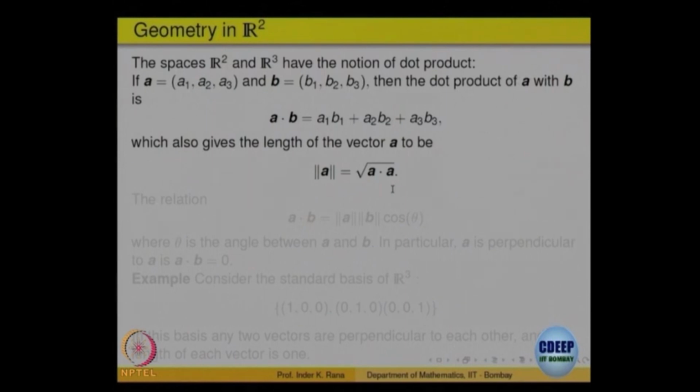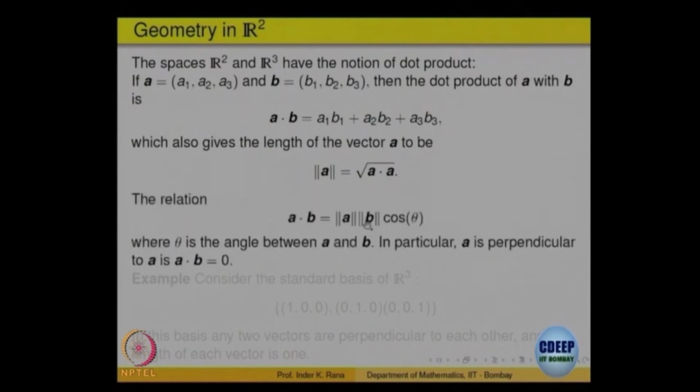That notion of distance: we define a dot b, a function from R3 cross R3, (a, b) goes to a dot b, to scalars, and the magnitude is defined in that way, and this also gives the notion of angle. So, what is the notion of angle? A dot b is magnitude of a, times magnitude of b, times cos of the angle between them, theta.